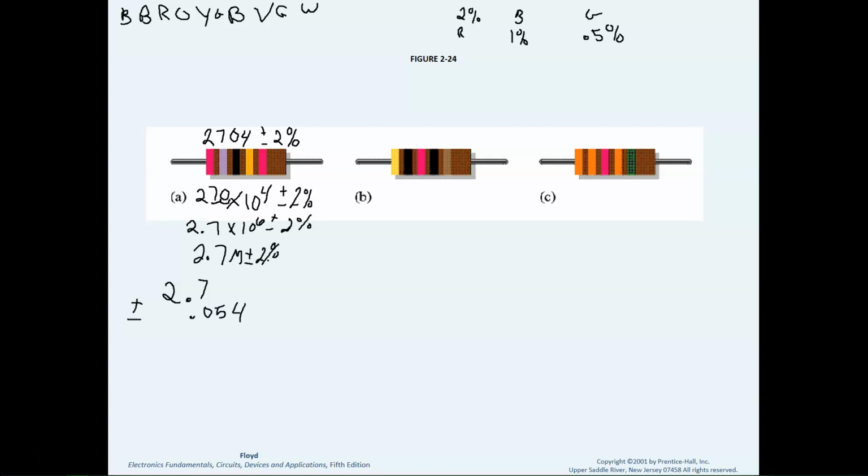So 2% of a tolerance is a lot smaller than the gold tolerance, which is 5%. In this case, we're using 2%, which leads us to 0.054. So when you add it to and subtract it from, adding, you'll see 2, 7, 5, 4, with your decimal right beside the 2 and the 7.